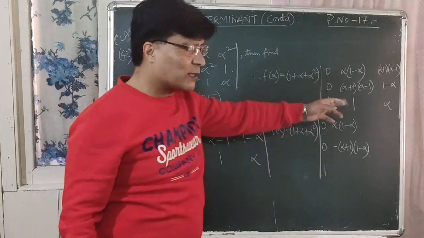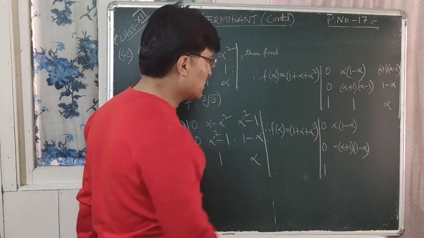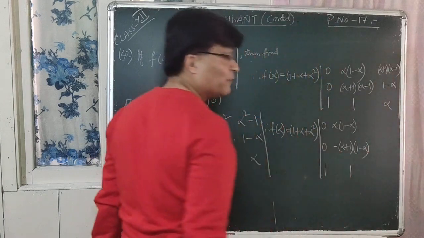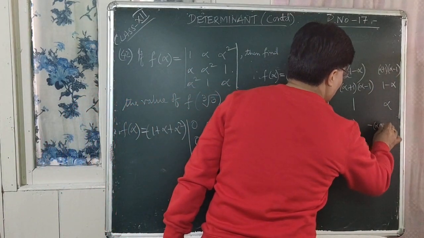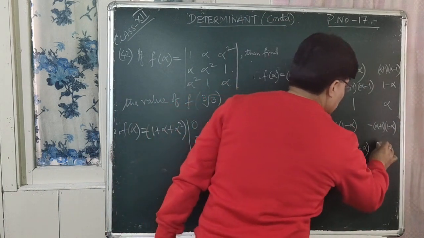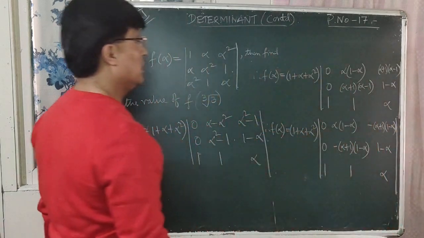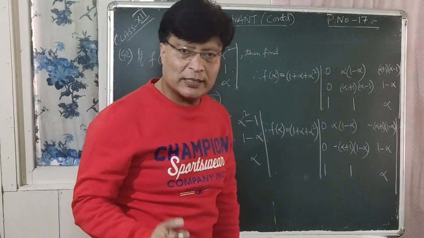From alpha minus 1, minus is taken common, so minus within bracket it is 1 minus alpha, right? And this is 1. Now third column, from the first element also you take minus common, so it is minus alpha plus 1 into 1 minus alpha, right? So this is 1 minus alpha and this is alpha. Is that clear now?